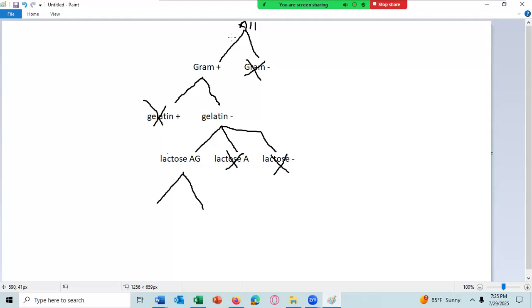That should have been gram positive, oh well. Okay, any questions about any of this? The point is dichotomous logic, asking one test at a time, where the results mainly split into one of two yes, no answers.